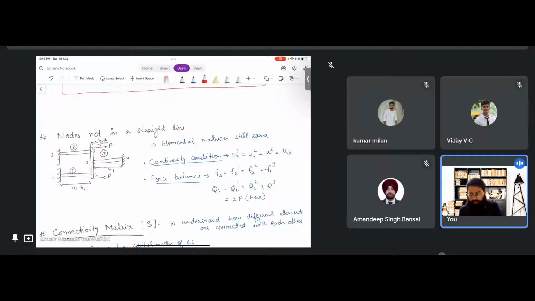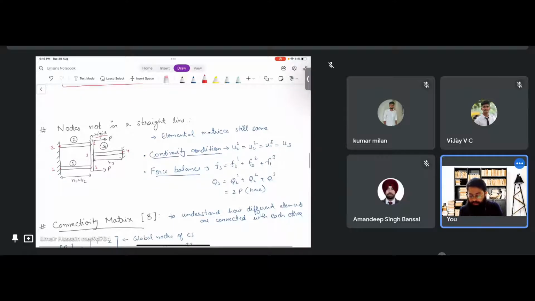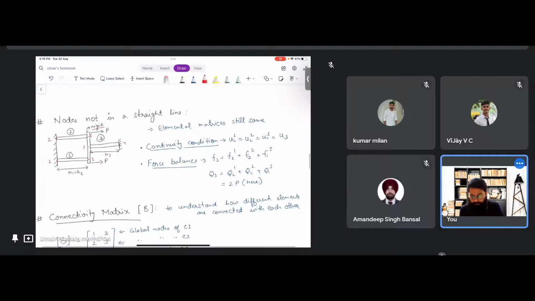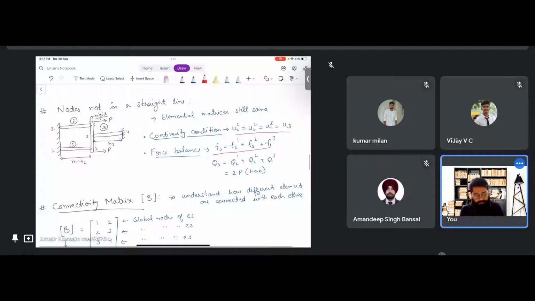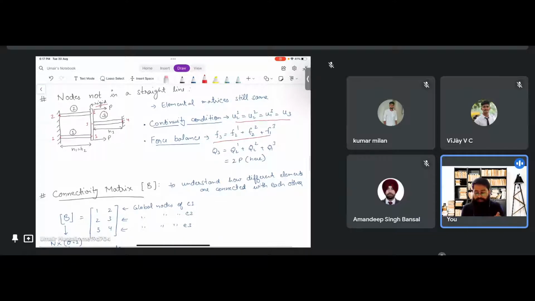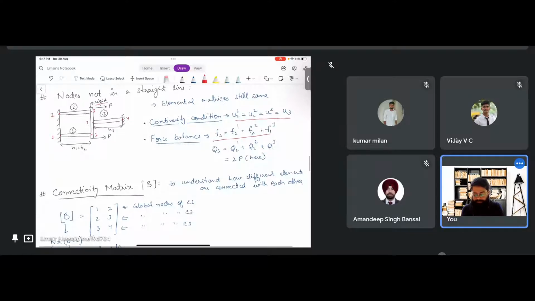That's why we assign u3 everywhere. So we see that the continuity condition is different for this case based on the configuration of the system, and likewise the force balance is also changed here. So we need to look at the way the domain is described in the problem to solve these problems.